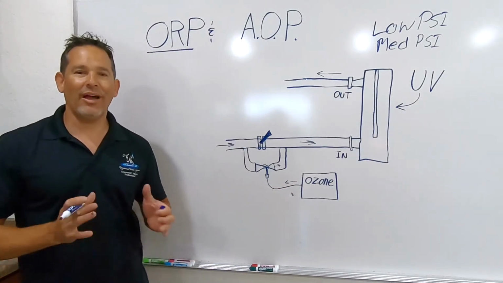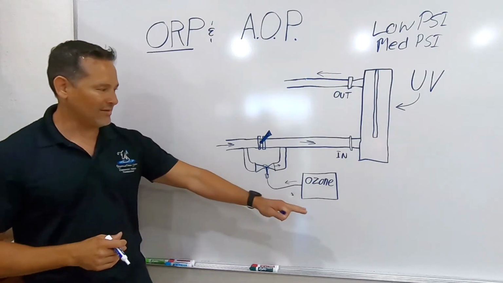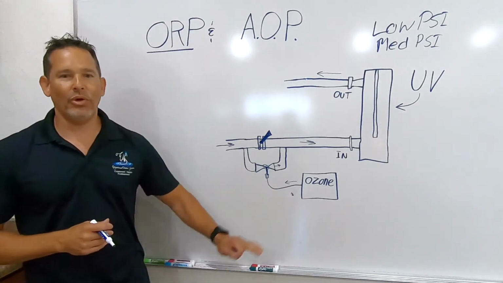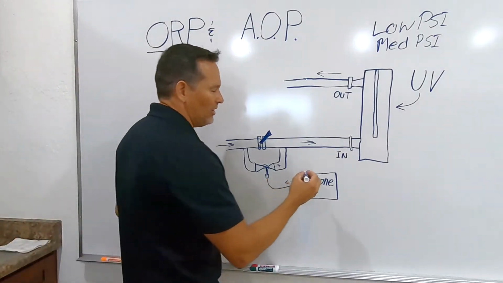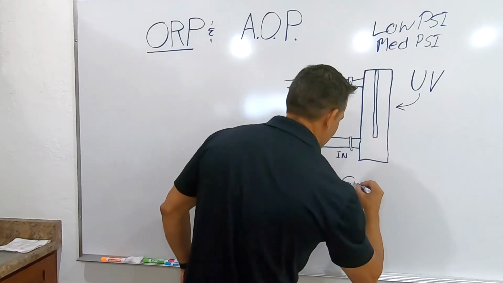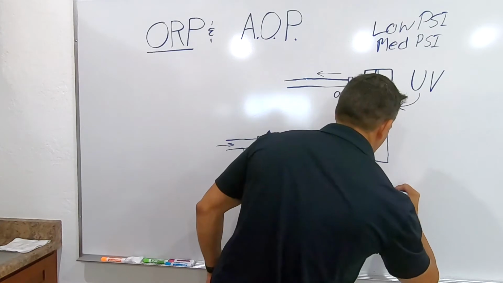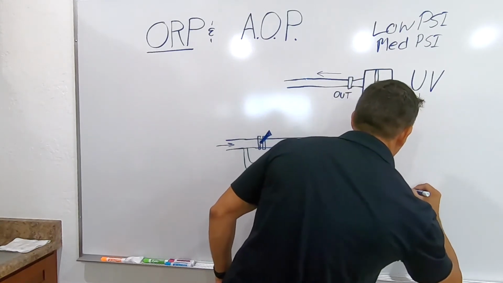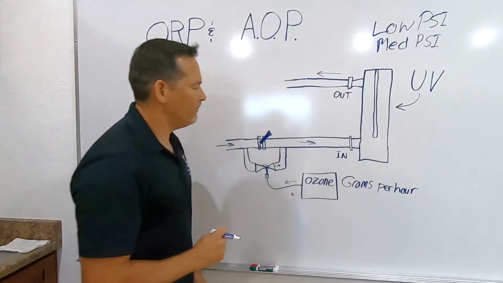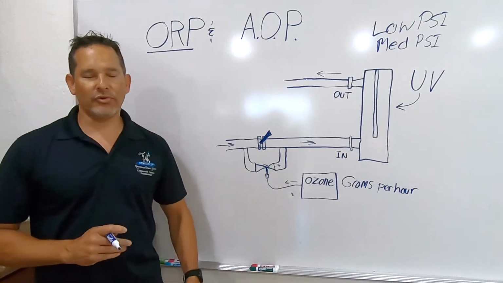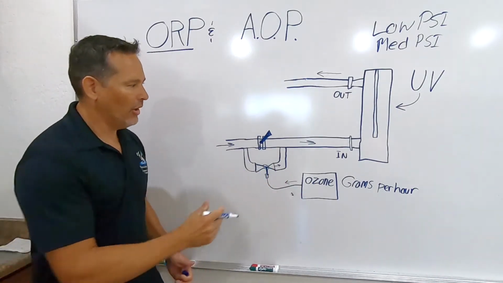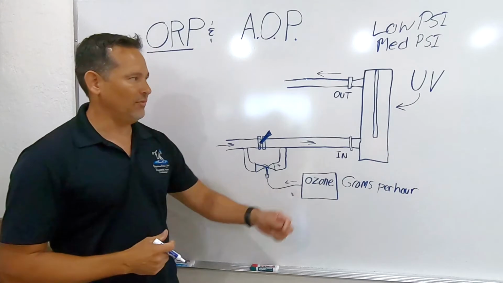So depending on the concentration of your ozone, the size of the ozone generator, what are you actually putting out? Normally it's measured in grams per hour. Okay? So how many grams per hour? So the more grams you're putting out per hour, obviously the more that's going to go through this UV chamber.